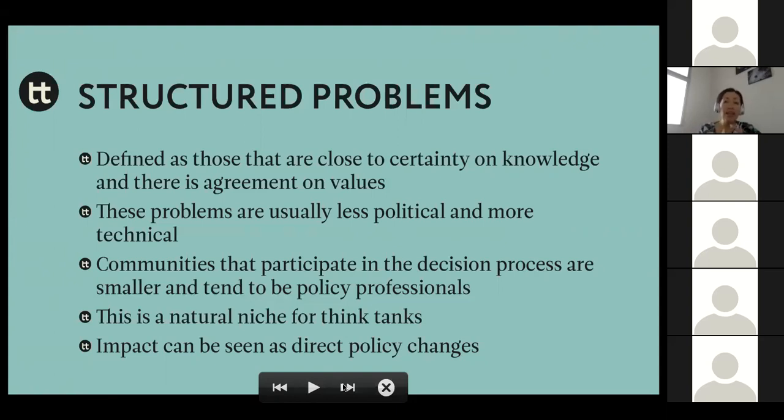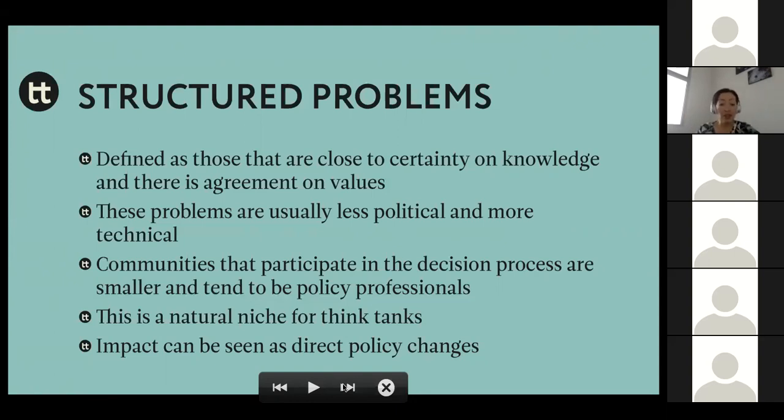When we are already in a structured problem, it tends to be that we are discussing this with policy professionals, with smaller communities of experts that are heavily involved in a problem, because we've already boiled it down to very concrete problems.